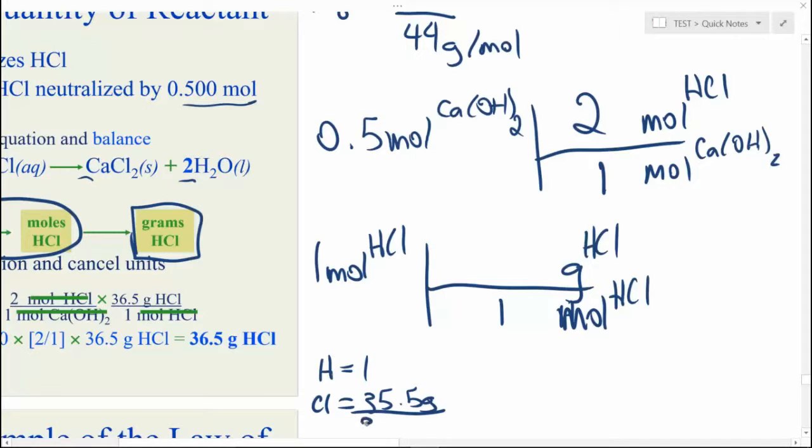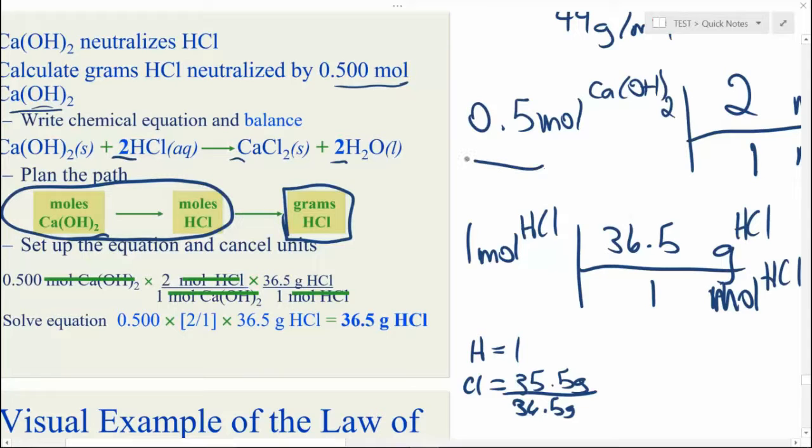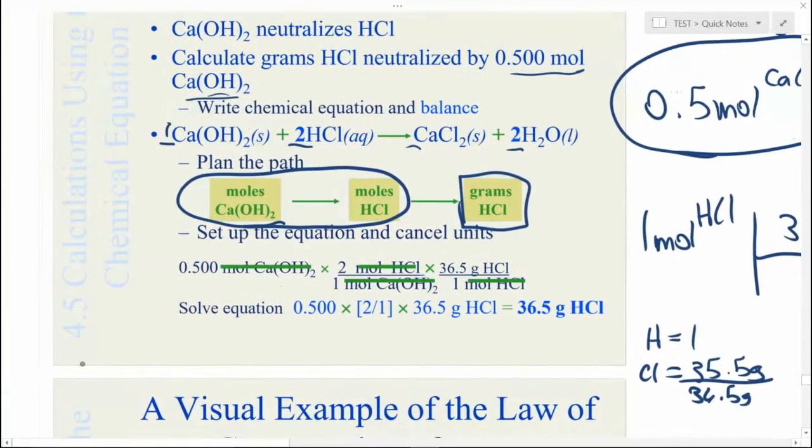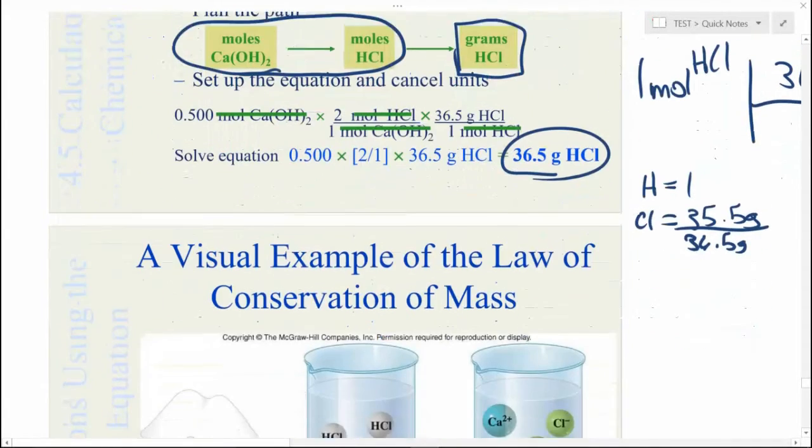So this is 36.5 grams per mole of HCl. So we're going to need 36.5 grams of HCl to react with 0.5 moles of calcium hydroxide. Okay, so that's how much we would need, 36.5 grams of HCl.